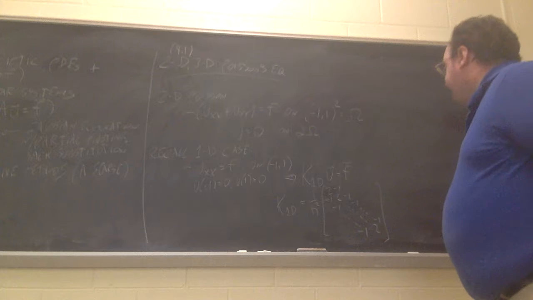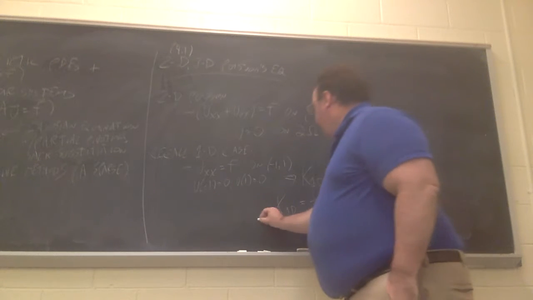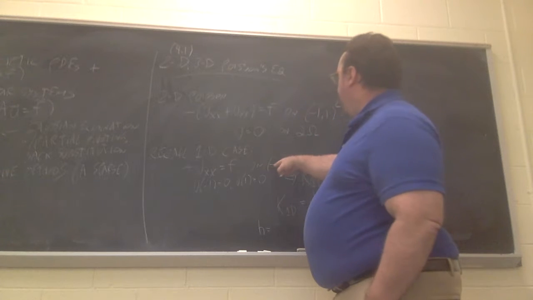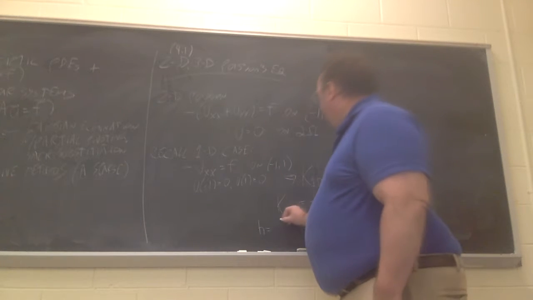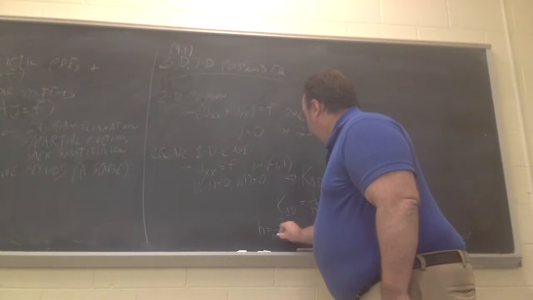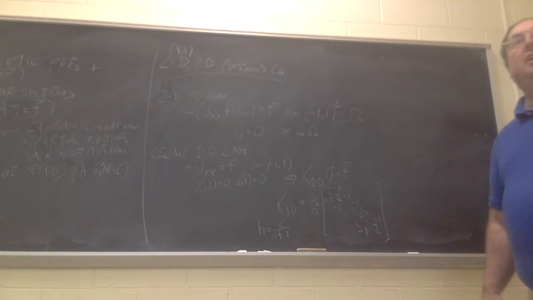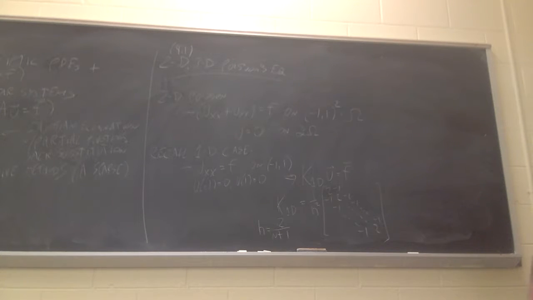And H is equal to, in this case, 2. The length of the interval is 2 over n plus 1, the number of grid points. We're accustomed to 1 over n plus 1, but that's for the interval 0 to 1. Now we're in a larger interval.